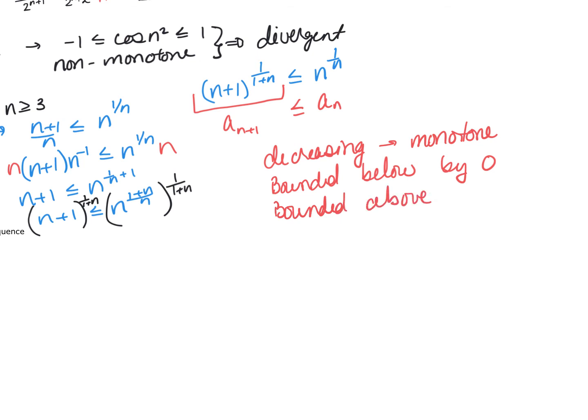The first value I can put in is 3, so I have 3 raised to the 1 over 3, in other words, the cube root of 3. Because I'm bounded above and bounded below, this is going to converge.